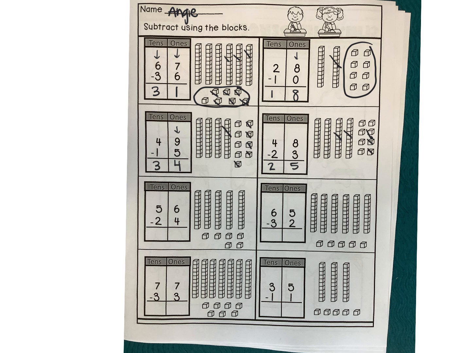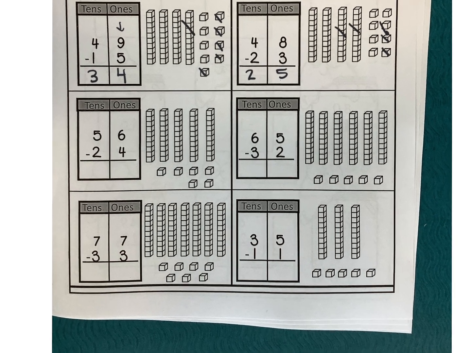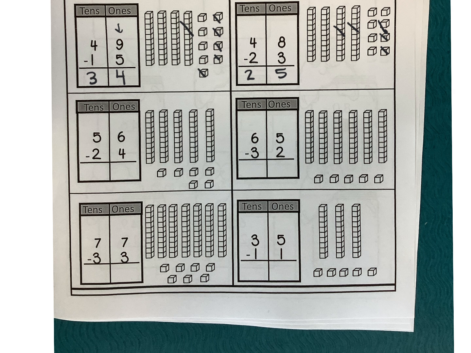Okay. So let's keep going to the last 4 problems. I go 6 minus 4, so I take away 4. That leaves me with 2. And then I have 5 tens, and I take away 2. I have 3 left. 65 minus 32, so I start here.